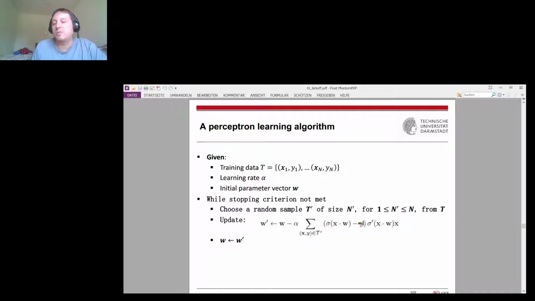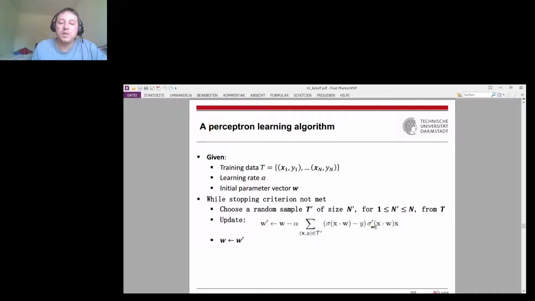We subtract from that the true label of the data point. So that data point x has a label y. And then we multiply that with something given by this term here. So this is sigma prime, this is the derivative. And the derivative is evaluated at this real number here, and then we multiply by x.